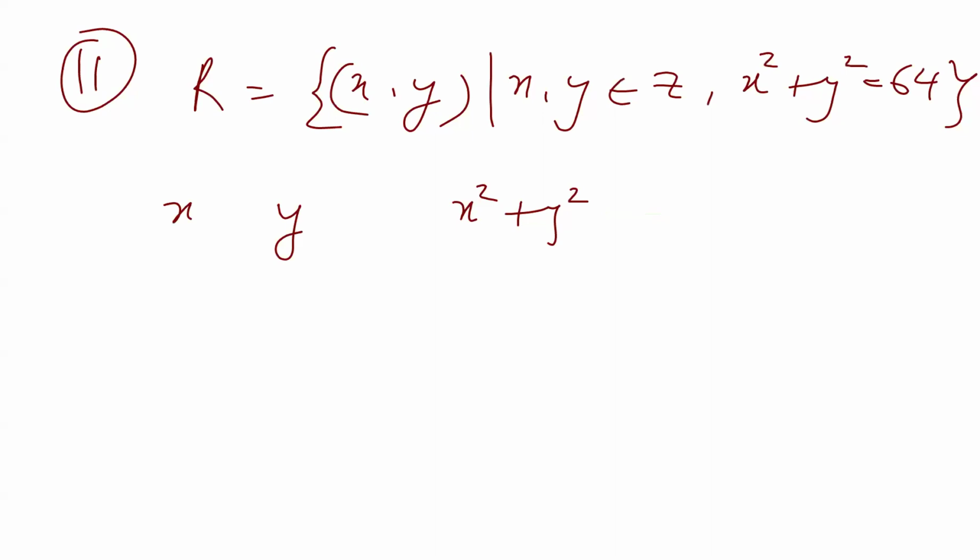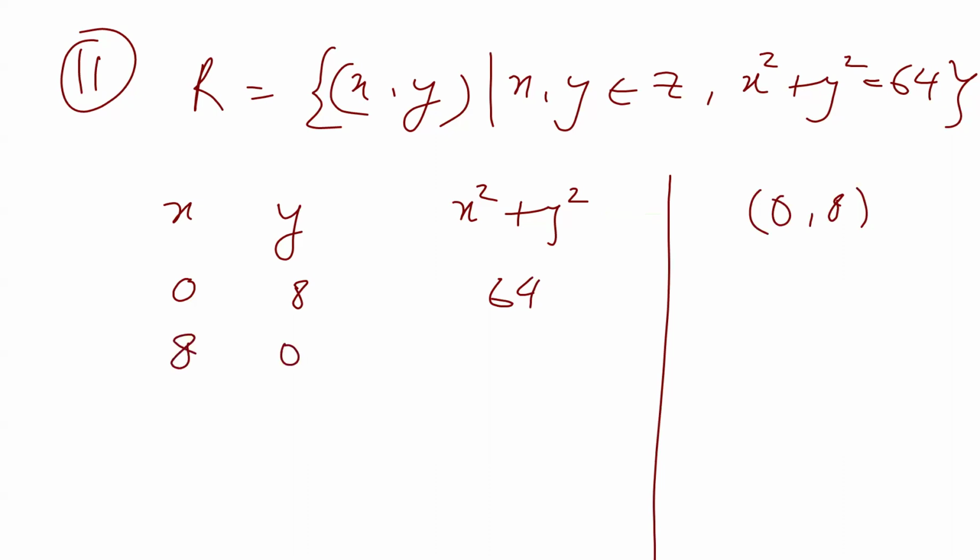So if I take x as 0 and y as 8, then 0 square plus 8 square is equal to 64. So the first ordered pair is 0 comma 8, then 8 comma 0, this is the second ordered pair.